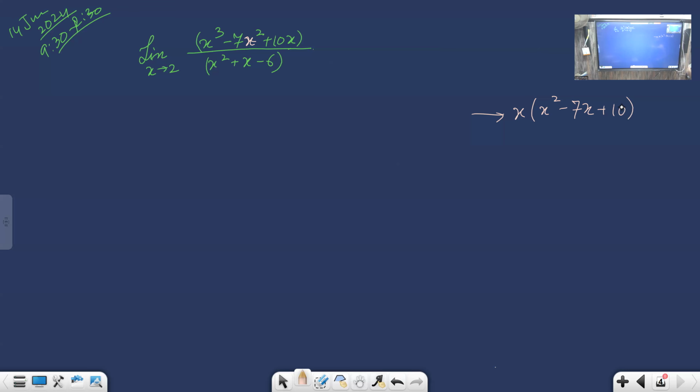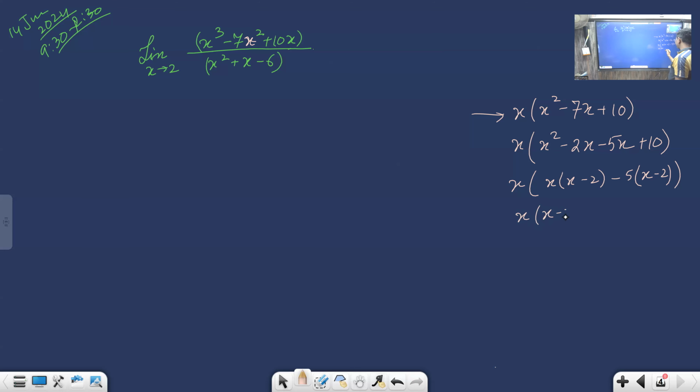So if you see this is x square minus 2x minus 5x plus 10. So I can very easily factorize it. So it is actually x into x minus 2, x minus 5. Check it.